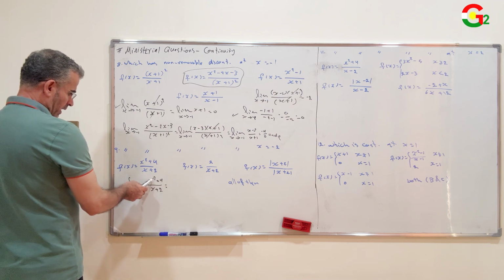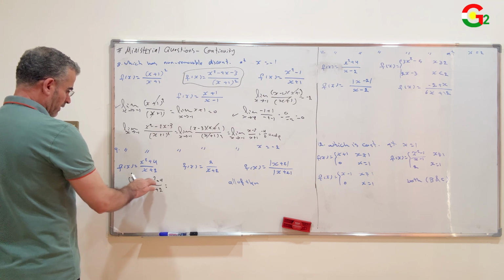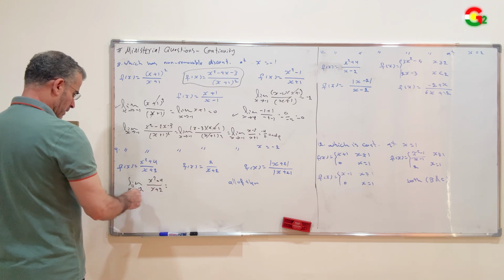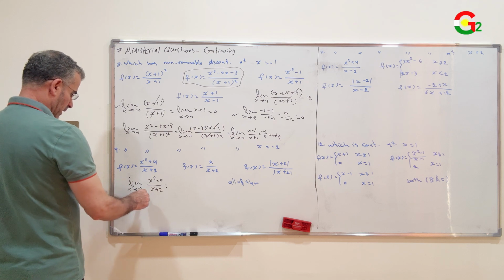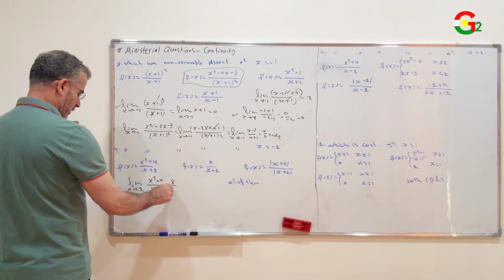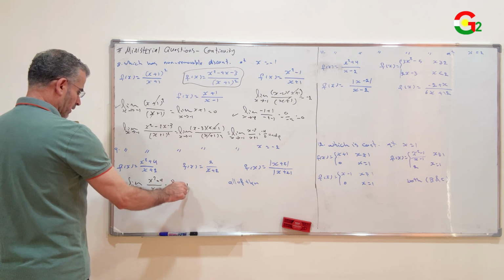I cannot factor the numerator as a difference of squares, because I have a plus here. Then substitute directly. It is (-2)^2 + 4, which is 8, over 0, undefined.